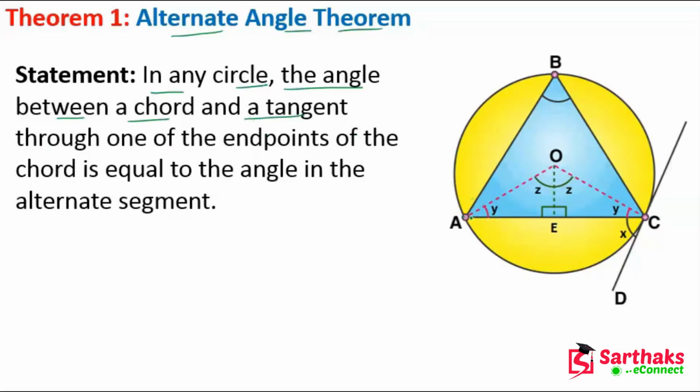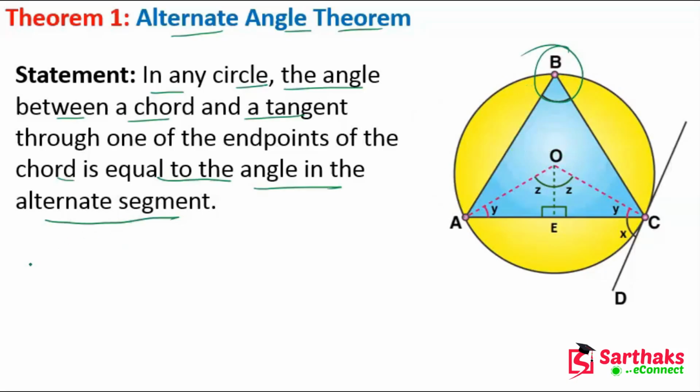Let's suppose we have a chord AC and there is a tangent DC. So the angle between the chord and a tangent through one of the ends of the chord is equal to the angle in the alternate segment, which means this angle ABC.